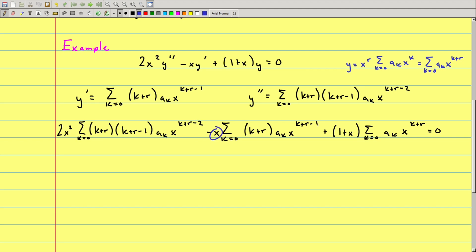I'm going to add 1 power of x to this exponent here, so it's just going to be k plus r. And then for this, I'm going to end up with 2 separate sums and then have to work to combine them together. All right. I'm going to go ahead and pull the 2 on the inside too for this first term.